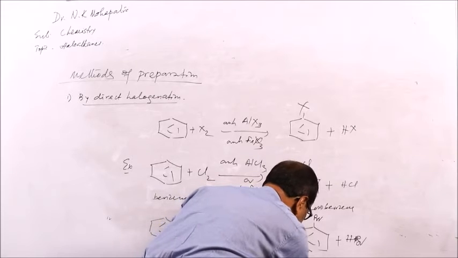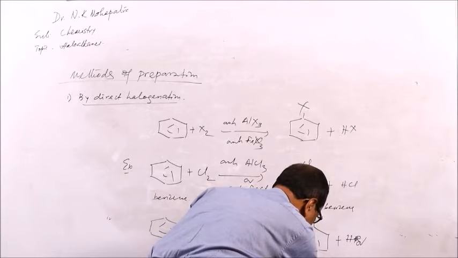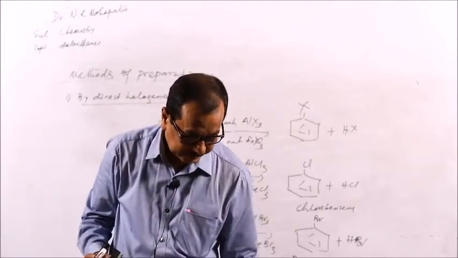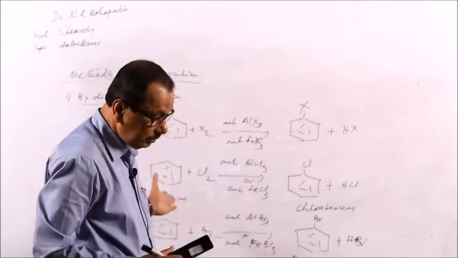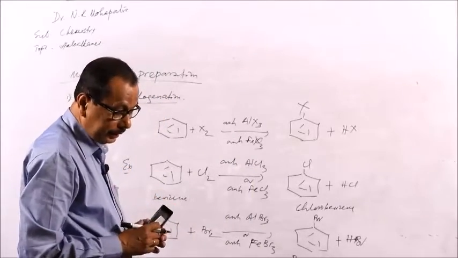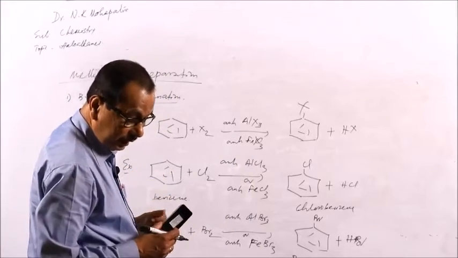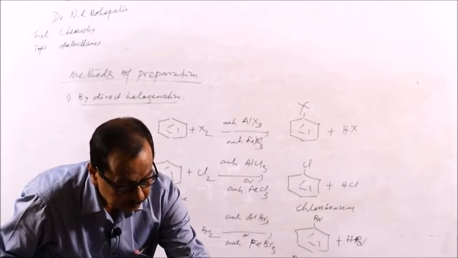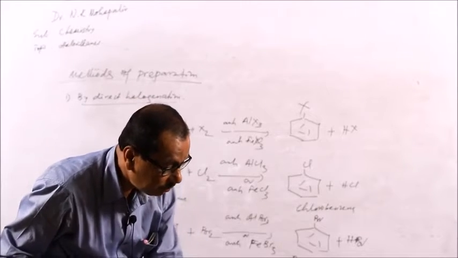In this way, we can directly substitute halogen atoms on the benzene ring by this reaction. Another method of preparation is from diazonium salt.